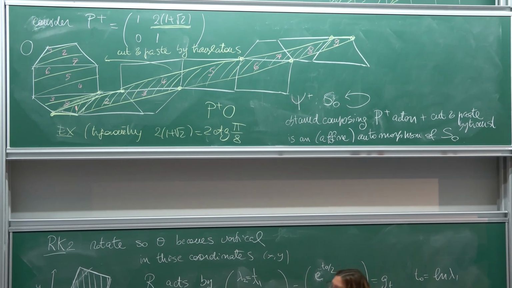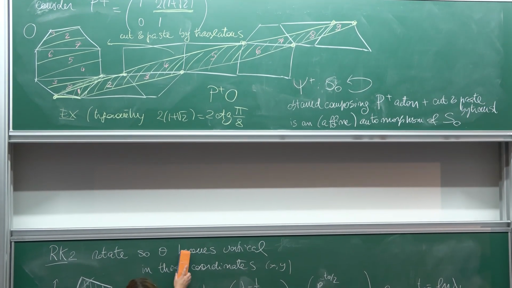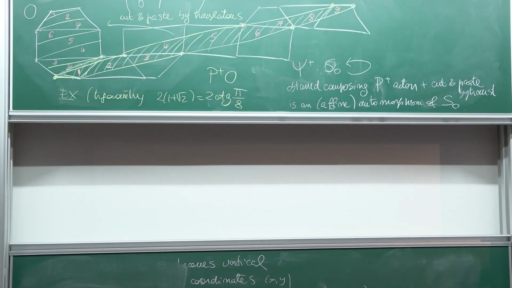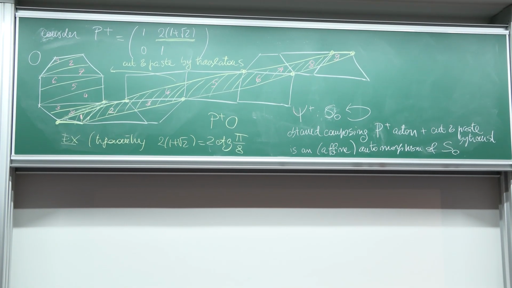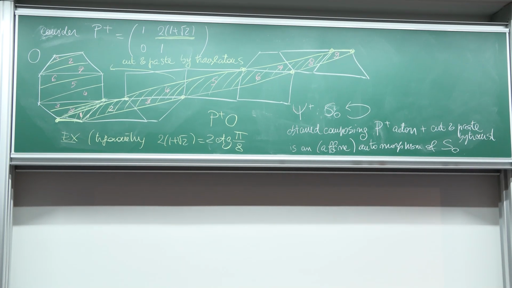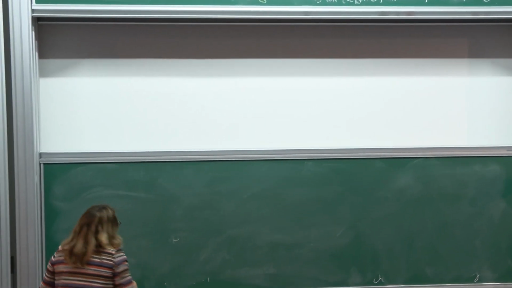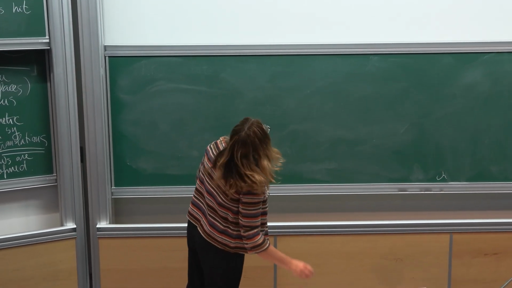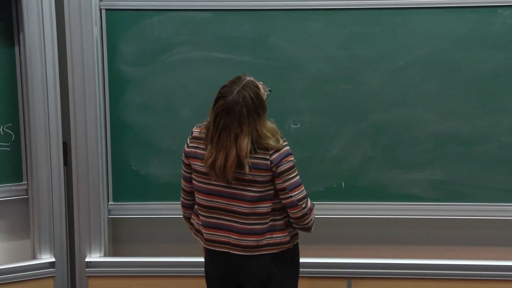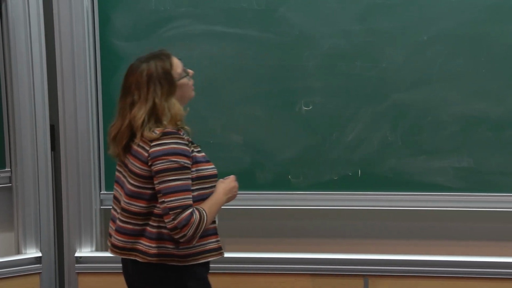Okay, so this is a parabolic, and okay, it's a diagonal matrix that I'm using, P plus. So this is not a hyperbolic automorphism.